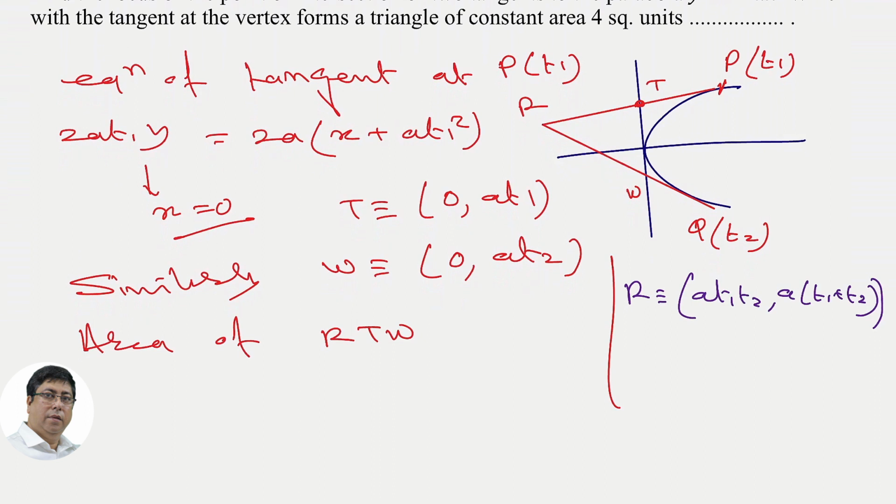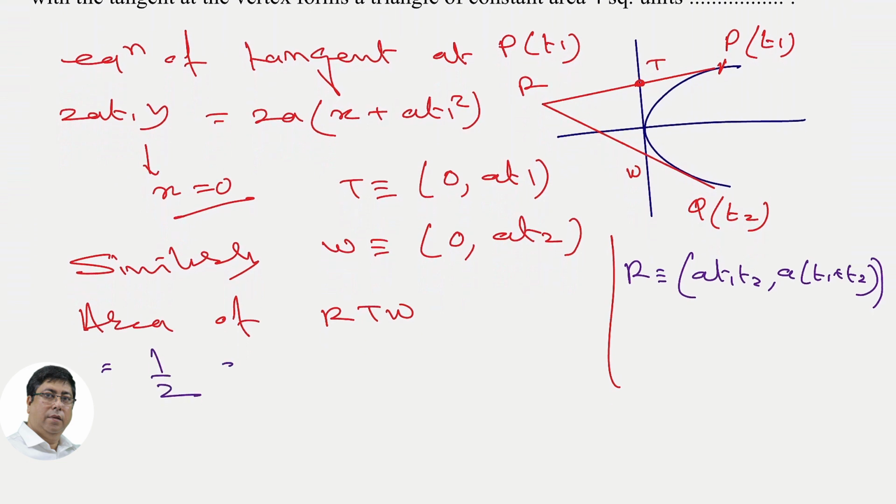Therefore we can write here area is half into AT1 minus AT2, into AT1T2, which is the x coordinate of R. According to the question, this is coming to be 4.